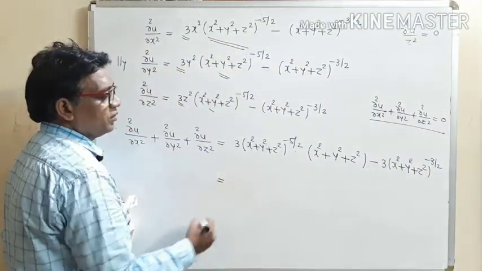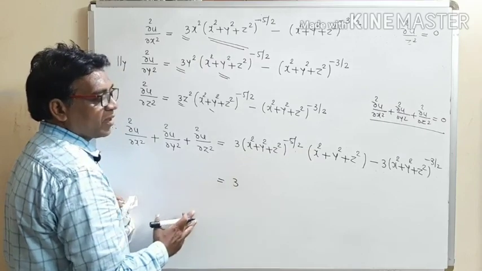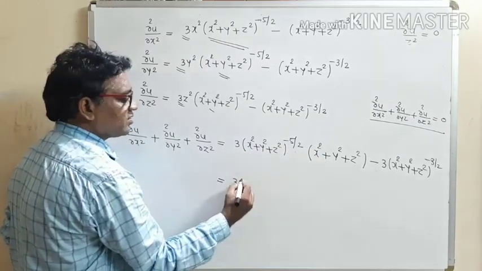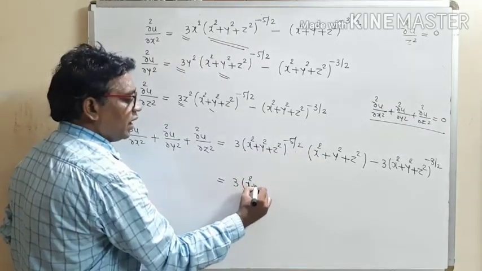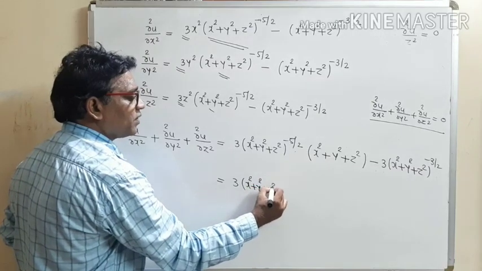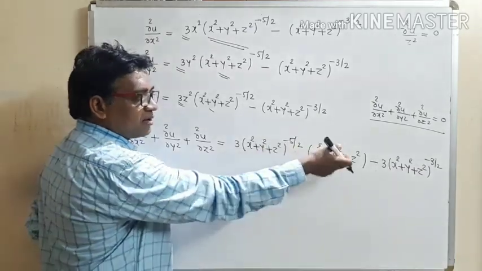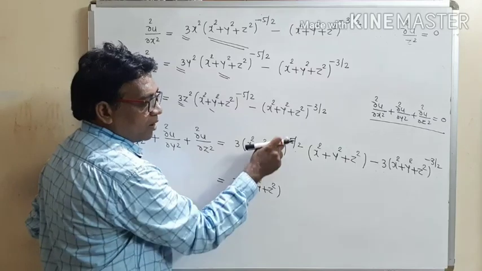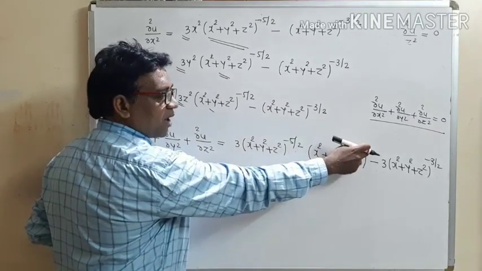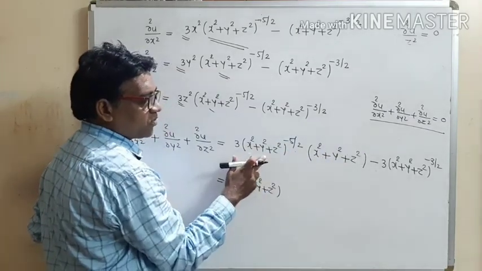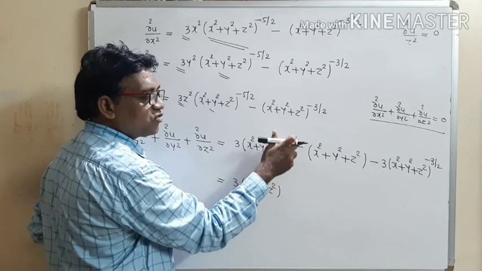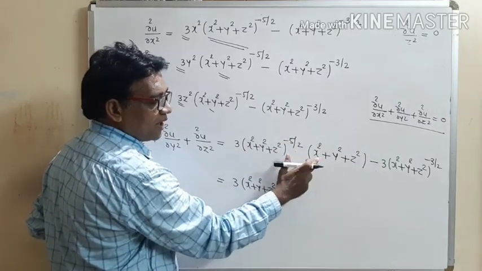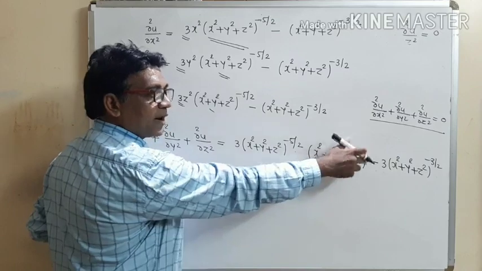So this is equal to, now this is 3. Now the base is the same, x² + y² + z². Now we have to add the power terms. Now minus 5/2 and plus 1, (x² + y² + z²) to minus 5/2 and this (x² + y² + z²) is to 1.